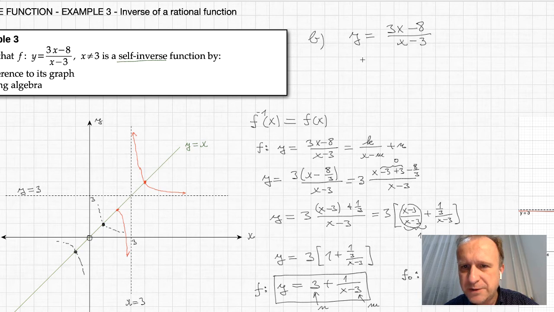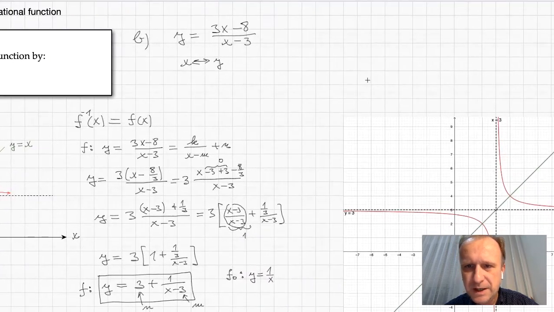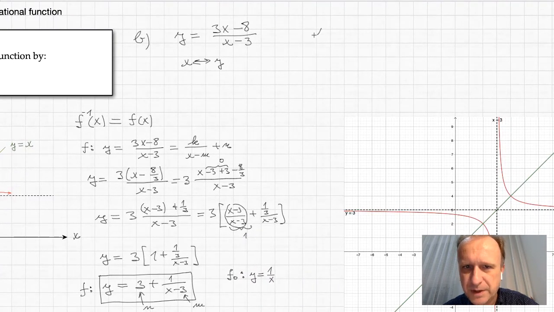So now I do the interchange. I exchange x and y like you see here. And what I obtain is the following. x equals (3y minus 8) over (y minus 3).